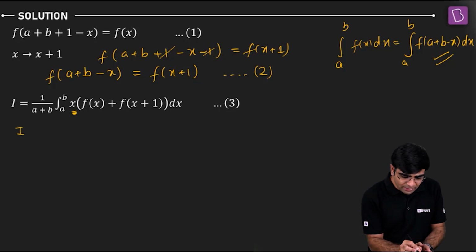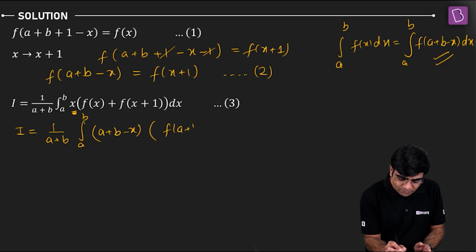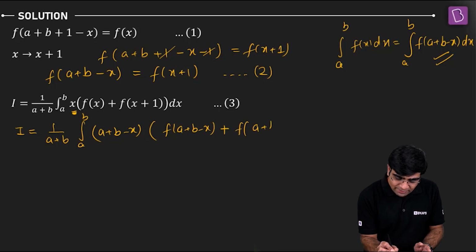Perfect. So my integral I got converted as 1 upon a plus b, integral of a to b. Here the outside x becomes a plus b minus x. And within the bracket, we have f of a plus b minus x, the first one, plus the second one, f of a plus b minus x plus 1, dx.